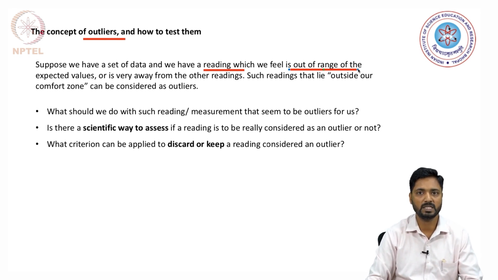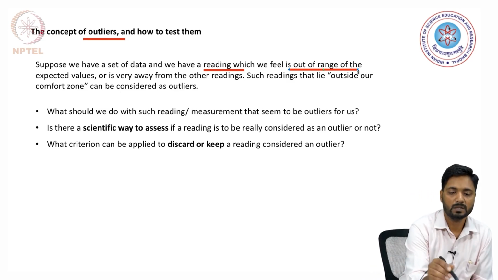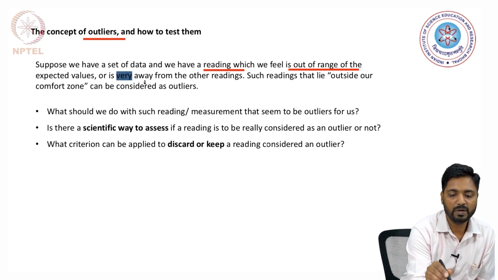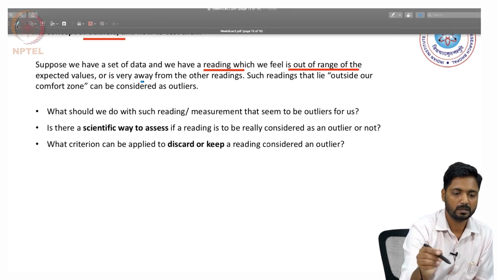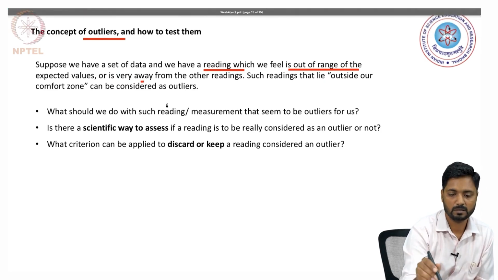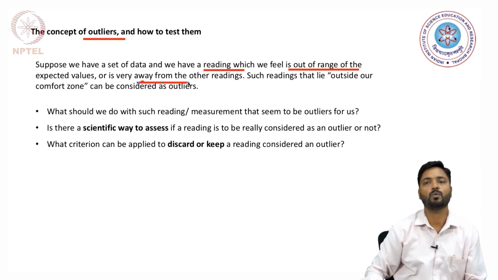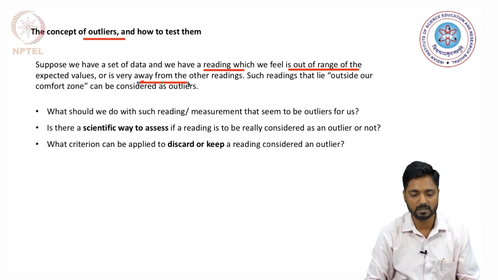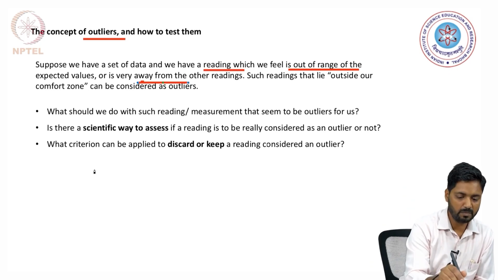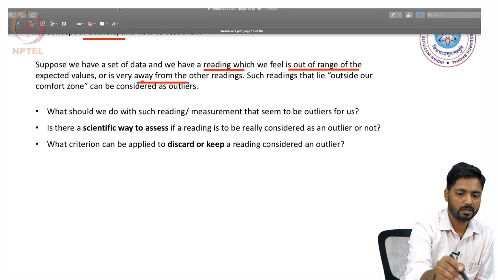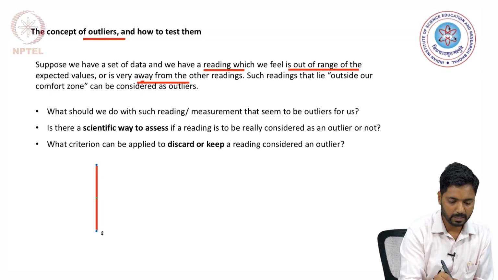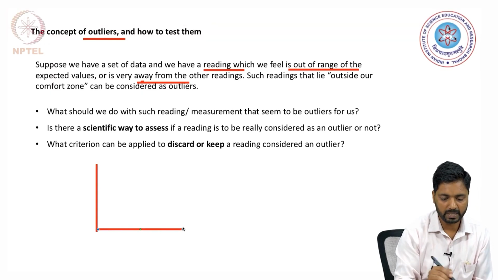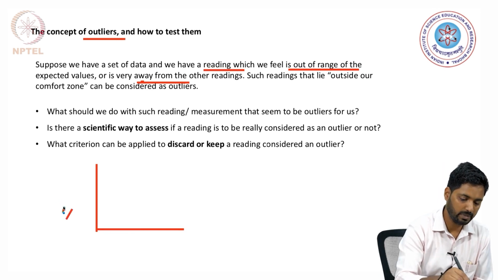Now, this may or may not be true, or the value at hand is quite away from the other readings. Let us take a simple example where we are simply plotting the absorbance value.